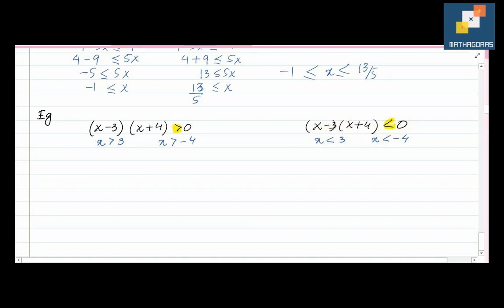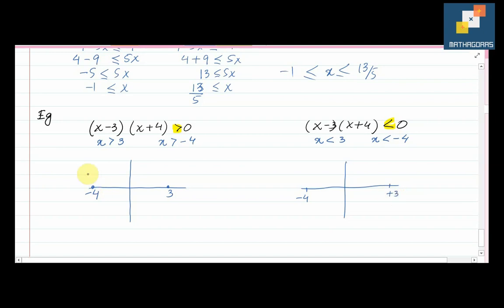So on a roughly sketched graph, on the x axis it will be negative 4 and positive 3. Similarly here, negative 4 and positive 3, right? These type of values we are getting in every question.